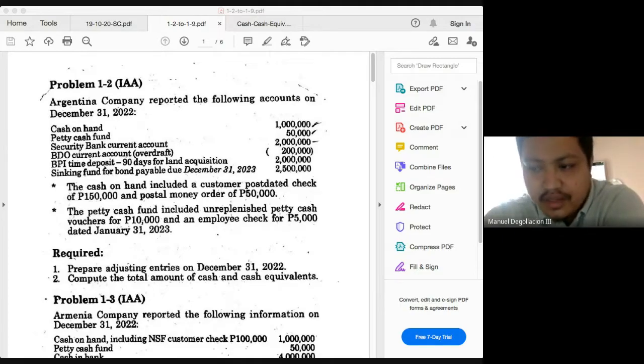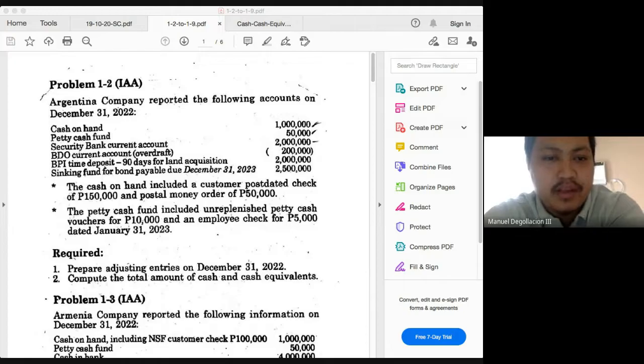Although generally, in most cases, your bonds would be for a long-term period, but understand that it is possible for a long-term liability to eventually become a current liability once it reaches a point wherein it is just at most 12 months away from its maturity, which is the case for the bonds payable here.